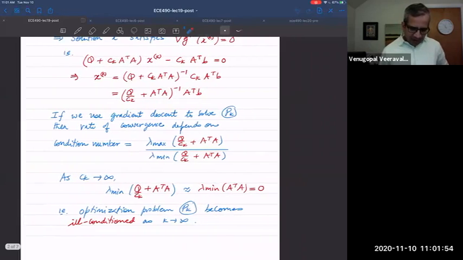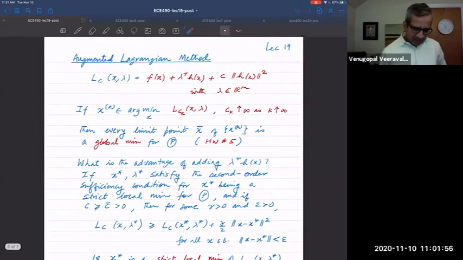So one way around that, I said, was to add another term to this augmented Lagrangian, essentially to the penalized function, which is the Lagrangian term lambda transpose h.